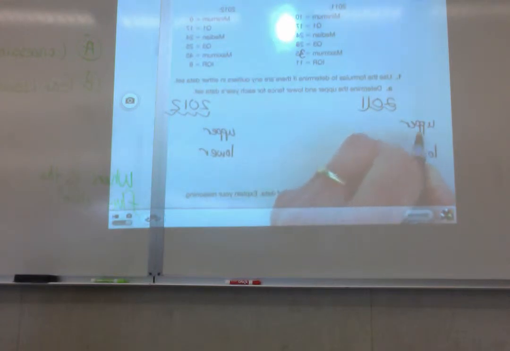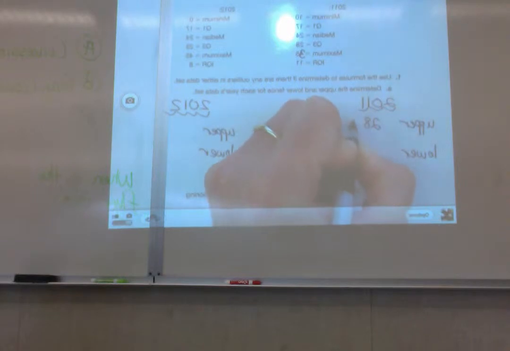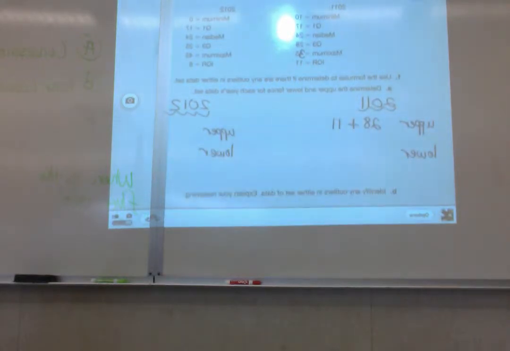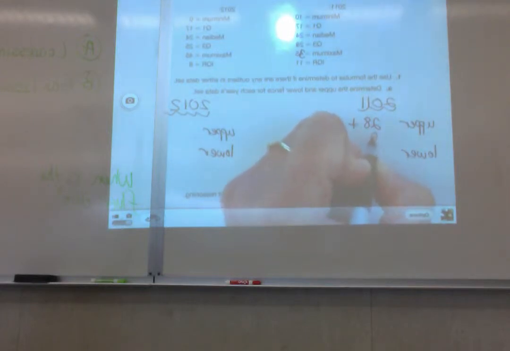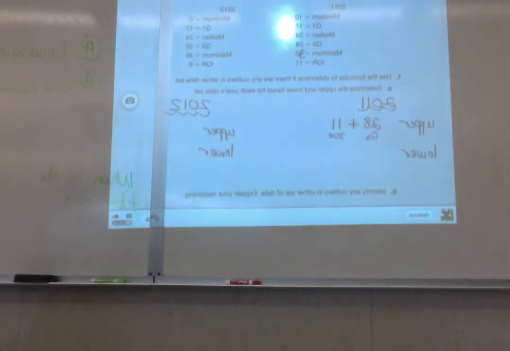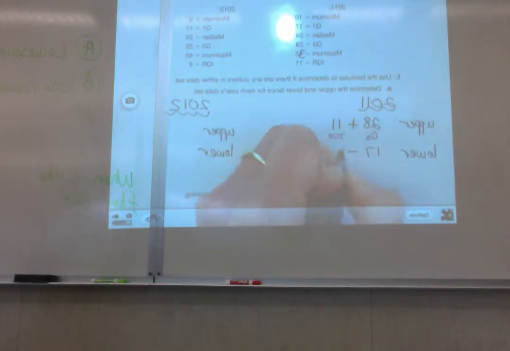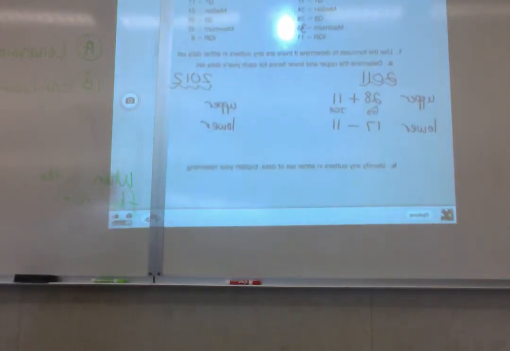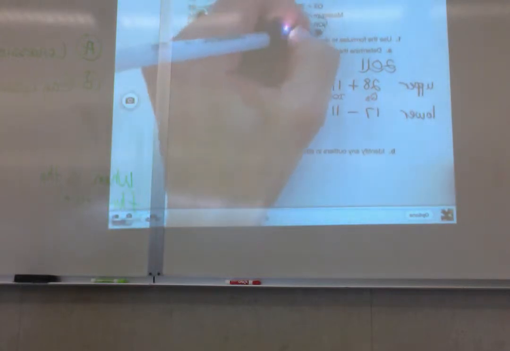Upper fence, you're going to take Q3, which is 28, and add the IQR. So this is Q3 plus the IQR. And then lower fence, you're going to take 17 and subtract 11. In both cases, you're working with 11, that IQR.